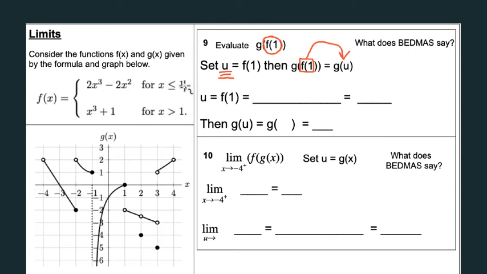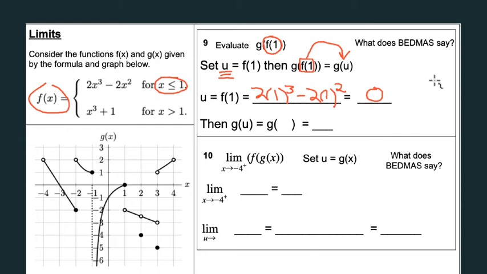I have to go right here, which is f, and at x equals 1, I use this function because it's greater than or equal to 1, so it's going to be 2 times 1 cubed minus 2 times 1 squared. Okay, so that to me looks like 2 minus 2 is 0. So u is worth 0.